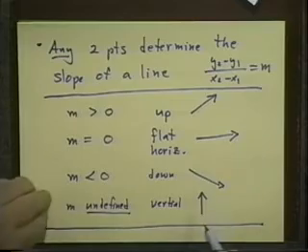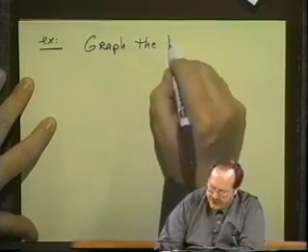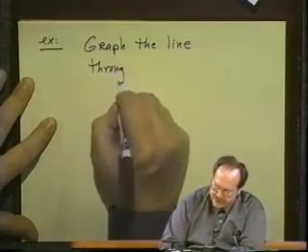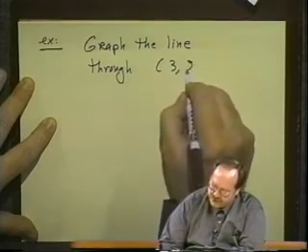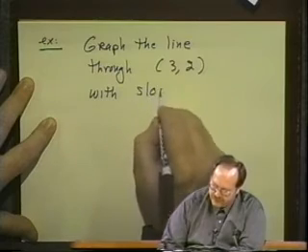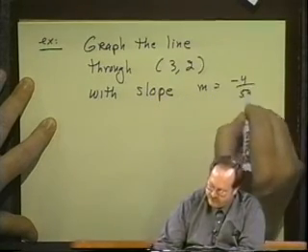All right, let me do an example of a problem here, just to give you a taste of how one might calculate with such things. For example, you might be asked the following. Graph the line through a particular point, say the point 3, 2, with slope, say m is equal to minus 4/5.